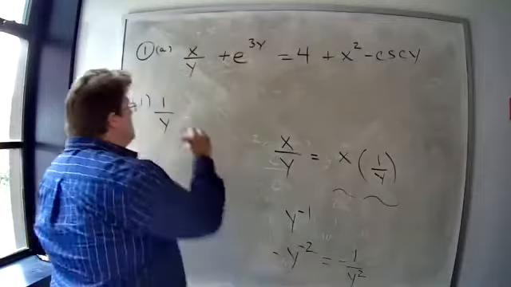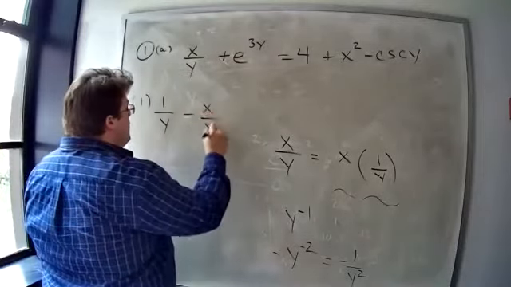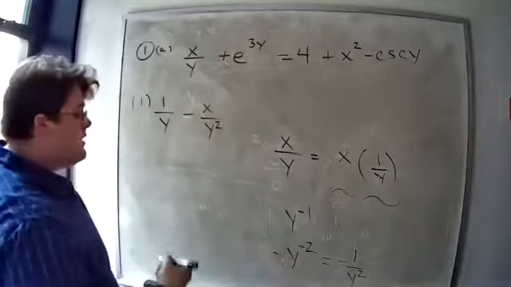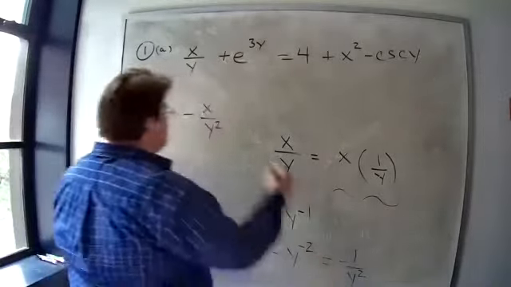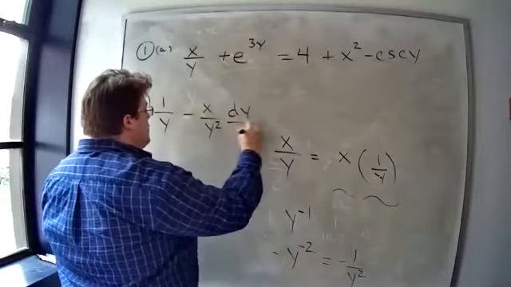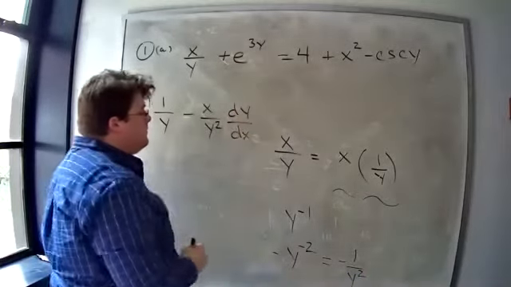But then we need to recall that we are differentiating with respect to x. And when you differentiate y with respect to x, a dy dx will show up by the chain rule.